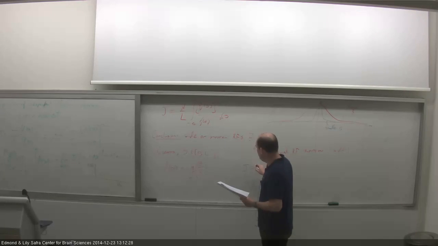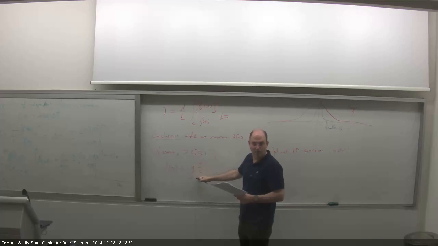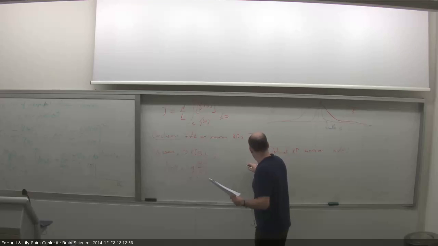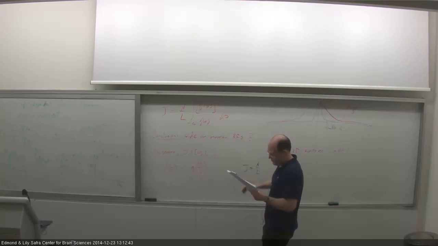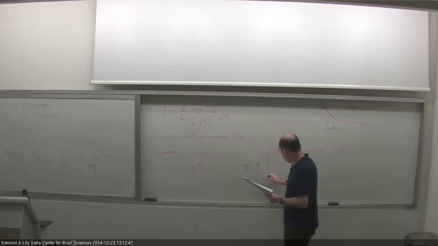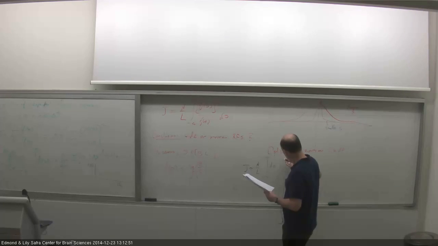We know what it is. We just need to plug in this form for g. So J is equal to N over L. It's approximately equal because of all the approximations that we had up to now. Integral from minus infinity to infinity d theta, 1 over g of theta over s.